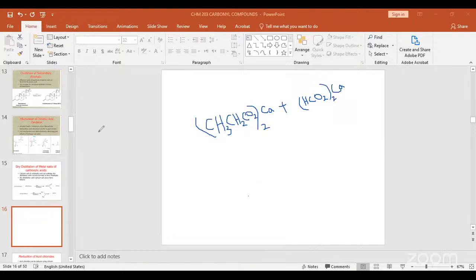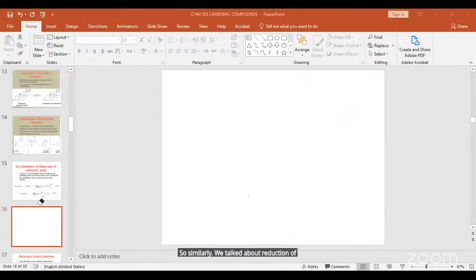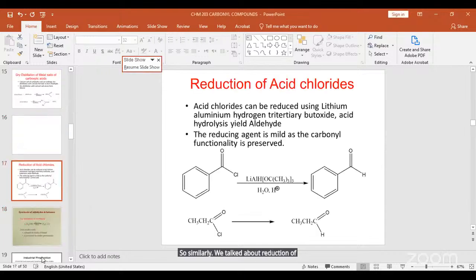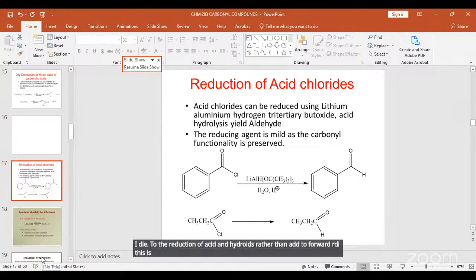So similarly, we talked about reduction of acid chloride with a mild hydride to form an aldehyde. This is peculiar to only the aldehyde.